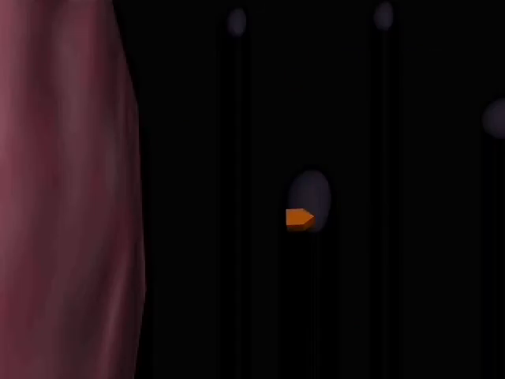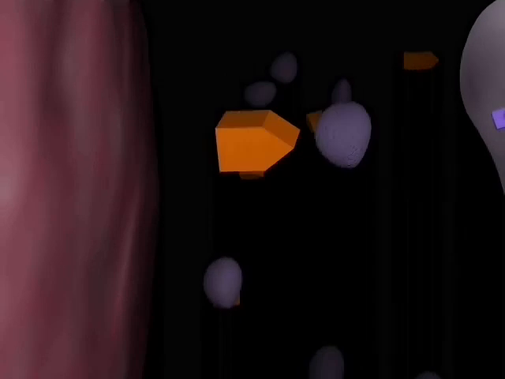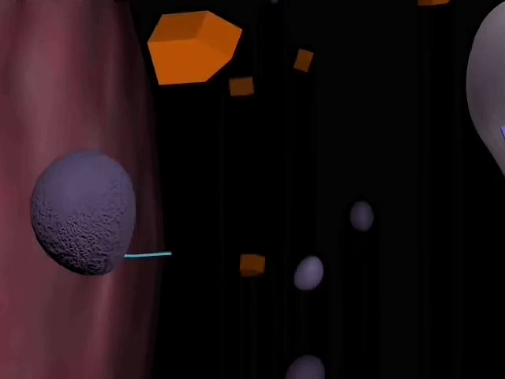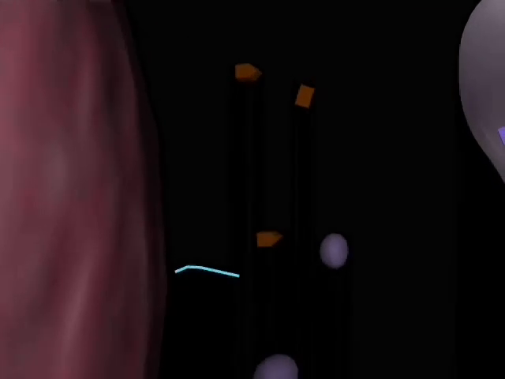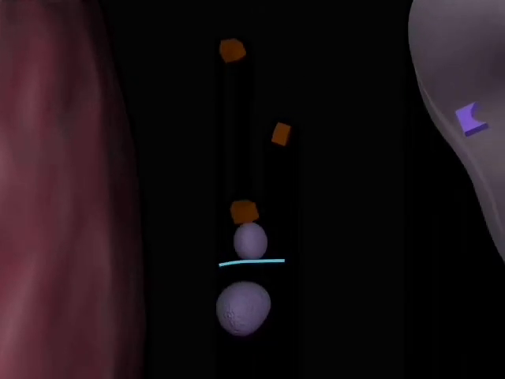The messenger RNA migrates out of the nucleus into the cytoplasm. In the cytoplasm, ribosomes translate the information contained in the mRNA. Each triplet of bases in the mRNA encodes one amino acid in the protein.